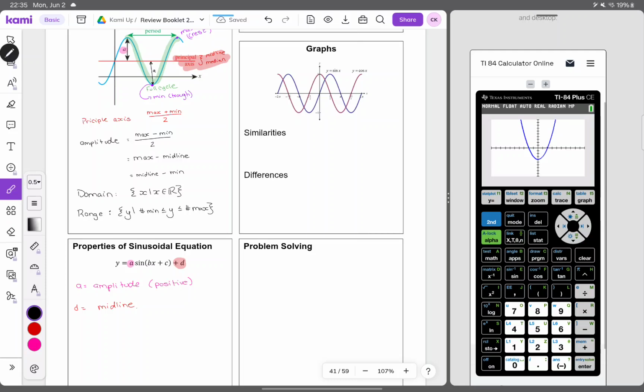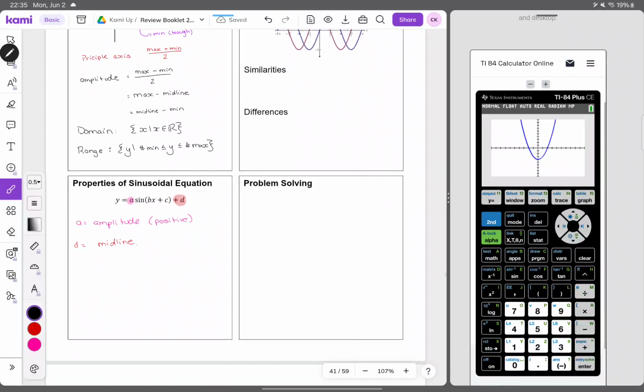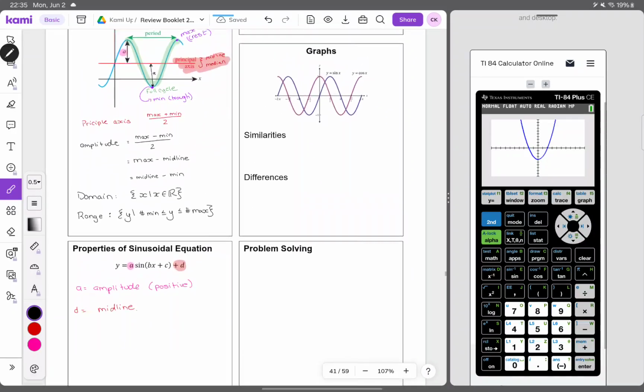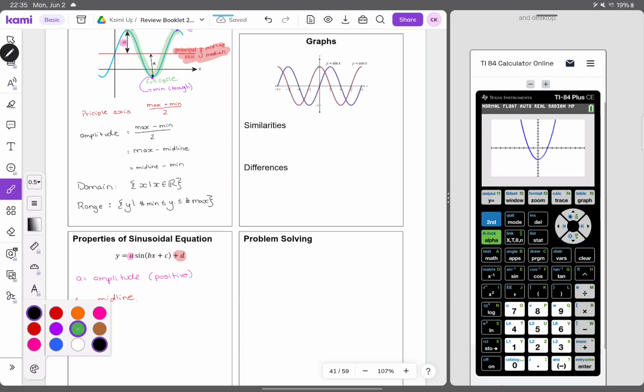All right. So we have our amplitude, we have our midline. Then we have our b value. So our b value does come from our period, but not directly. Our b value is equal to, if we're in radians, 2 pi divided by whatever our period is.